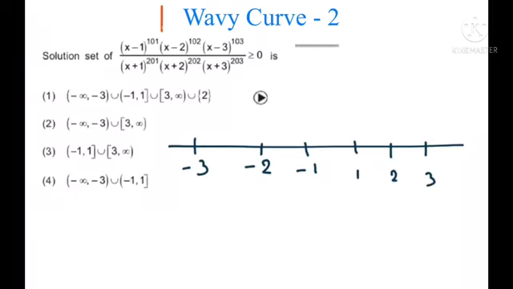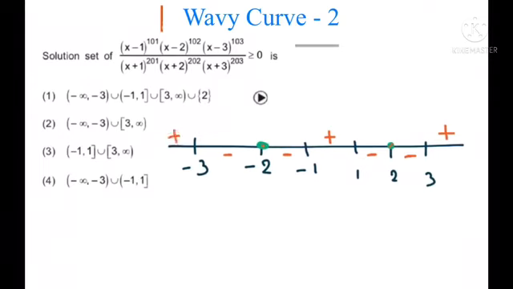At x equal to 2, so this point will not have a sign change, and at x equal to -2, this point will not have any sign change. Now let's write the sign scheme. Positive, negative, no change of sign at this place so negative, change of sign, positive, change of sign, negative, no change of sign, negative, then positive.